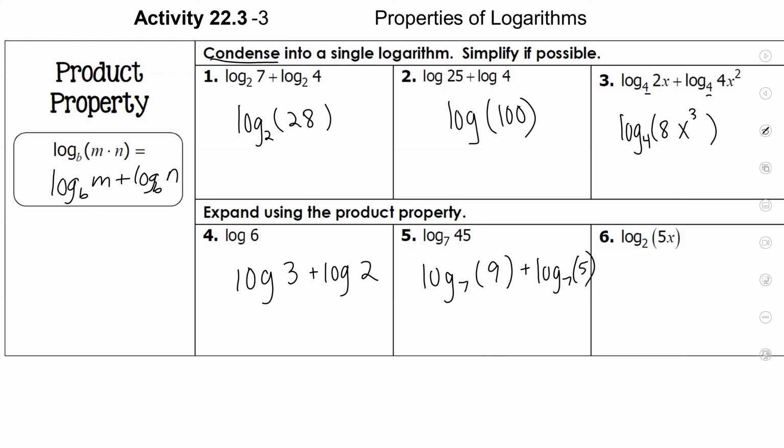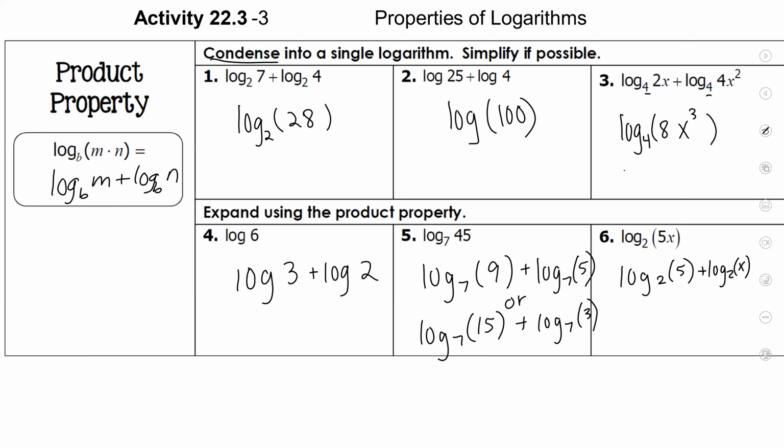What's another thing you can do? Log base 7 of what? 15 and 3, perfect. So your answers can vary here. Okay, here we can do log base 2 of 5 plus log base 2 of what? X. So this is expanding using the product property.